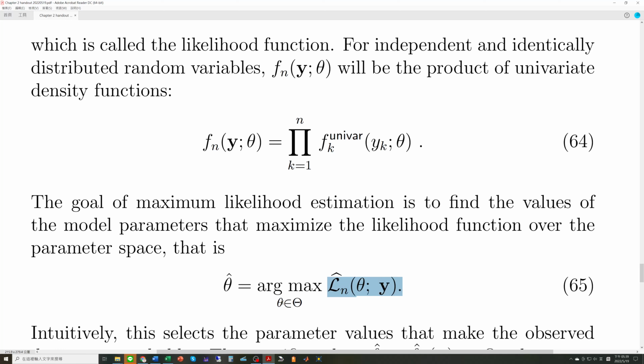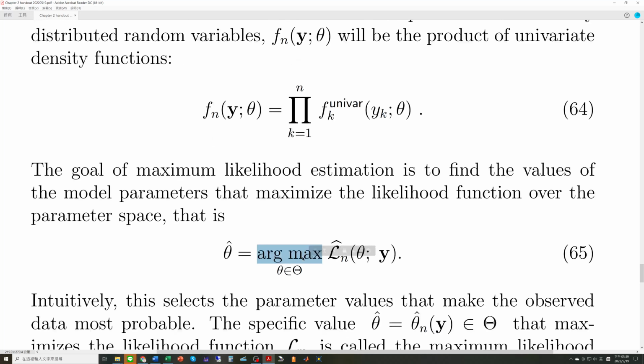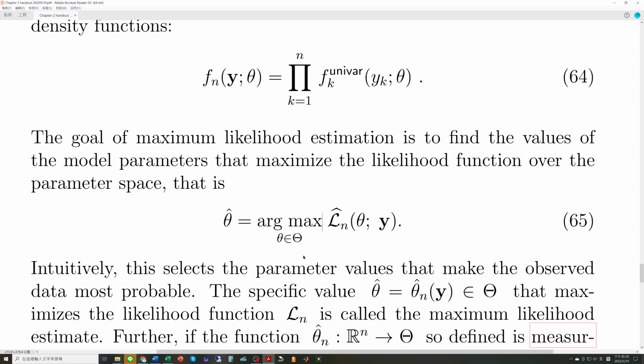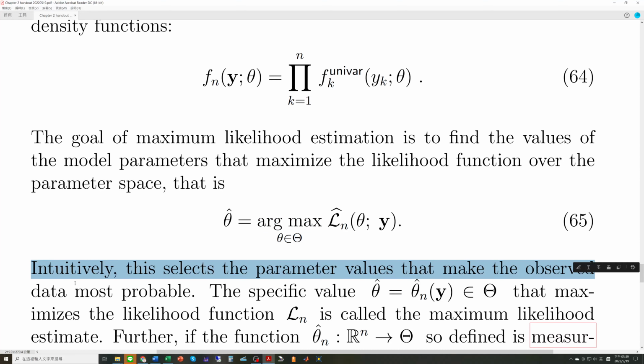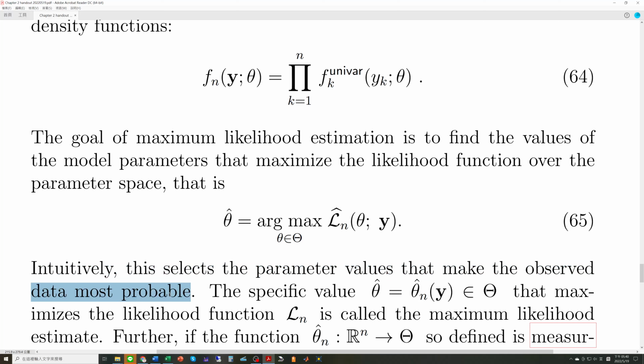So the optimal theta is the output of the arg max operator. Intuitively this selects the parameter values that make the observed data most probable.